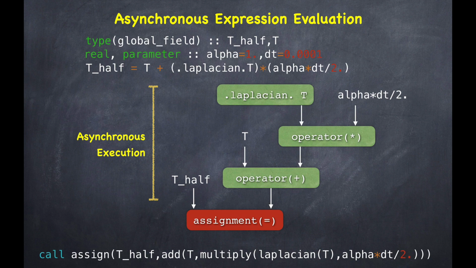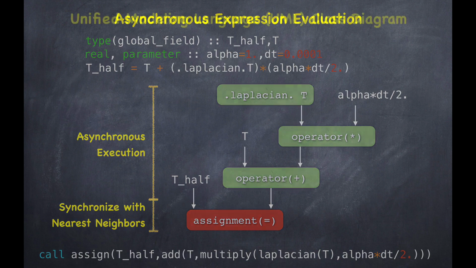By guaranteeing side effect-free execution, we are guaranteeing that no operator modifies state that any other operator might need. Inside the assignment, we must of course modify our left-hand argument, so the user-defined assignment is the only point of synchronization in the execution of the line that updates t_half.